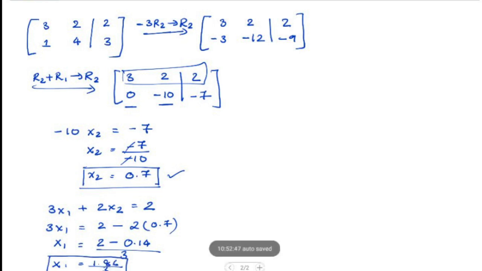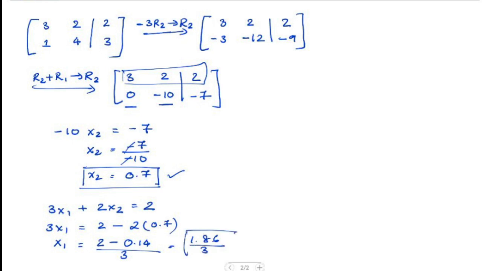It's not very visible here, so I'll rewrite it beside it: 1.86 divided by 3, and that's the value for x1.